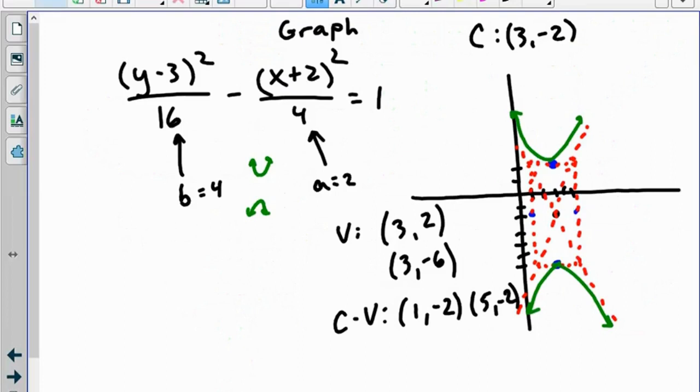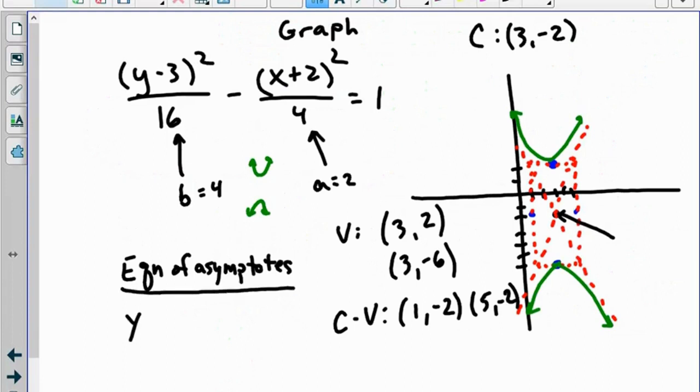But the other thing we will have to do is write the equation of the asymptotes. Notice that the asymptotes go through the center point. So we'll write these in point slope form. y plus 2 equals the slope times x minus 3. So our main job is to figure out what the slope is. Notice there are two slopes because there are two equations.